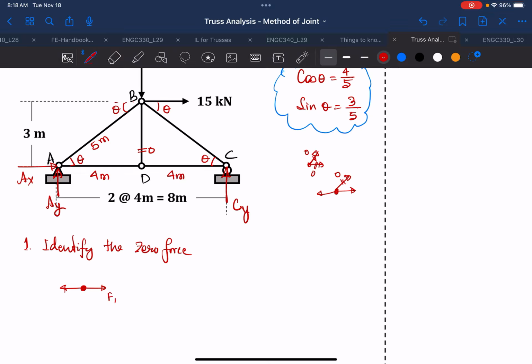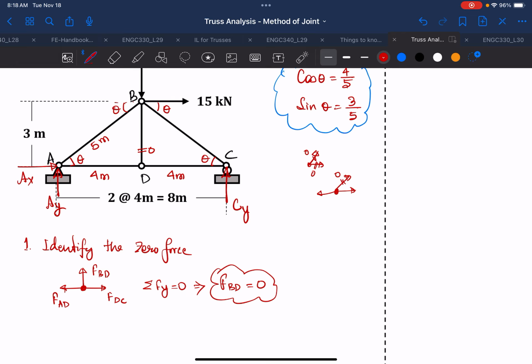So this is FDC, and this is FAD, and then this is FBD. If I take summation of y equal to 0, you'll see that FBD is equal to 0. So your FBD is a zero force member.